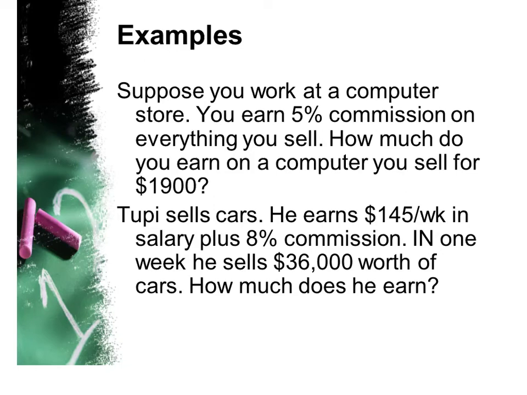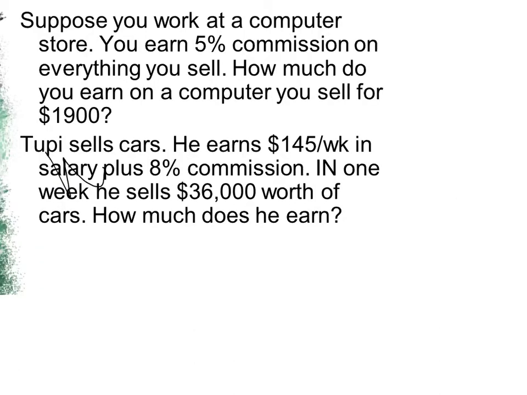Suppose you work at a computer store, you earn 5% commission on everything you sell. How much do you earn on the computer you sell for $1,900? In order to do this, think about which one is the P, which one is the Q, and which one is the R. You earn 5%, there is your P, so that would be 0.05.